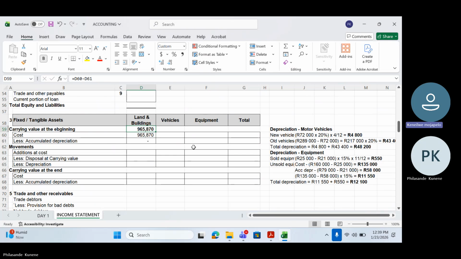Why are we saying land and buildings do not depreciate? Because of the historical cost principle. Yes, you are right on that. But historical cost, so which means now, why do vehicles and equipment depreciate? It means historical cost does not apply to vehicles and equipment because we depreciate them. You're saying land and buildings do not depreciate because of the historical cost, so then why are we depreciating vehicles and equipment?